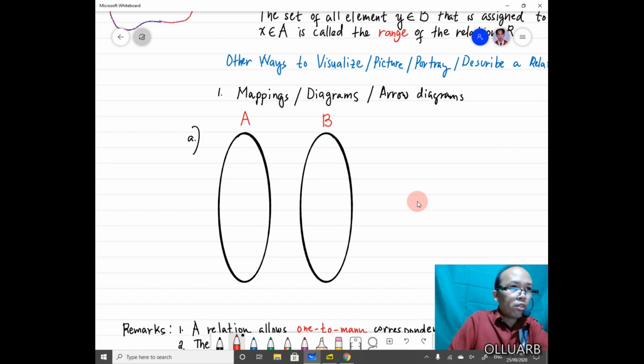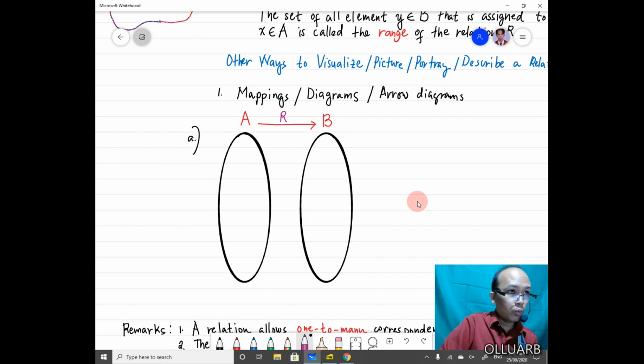A relation from a set A to a set B, we have a relation here denoted by R. And if you have an object here, let's recall again the judges and the contestants.